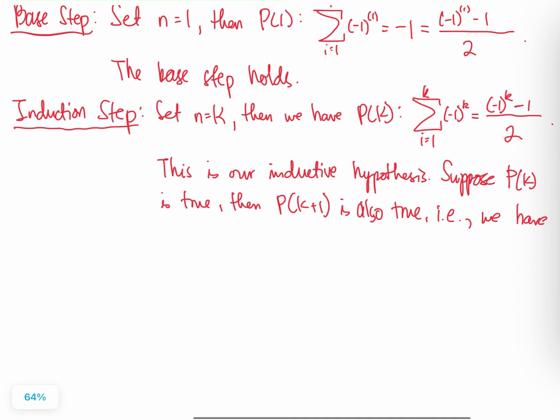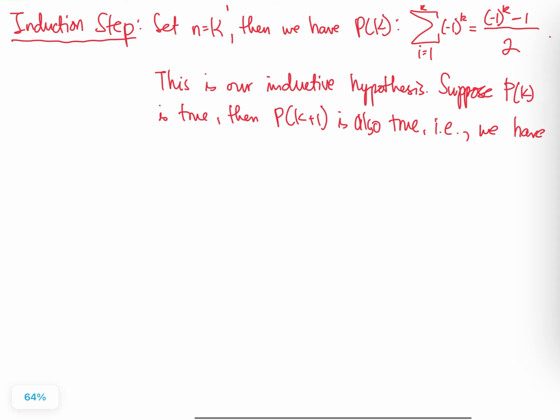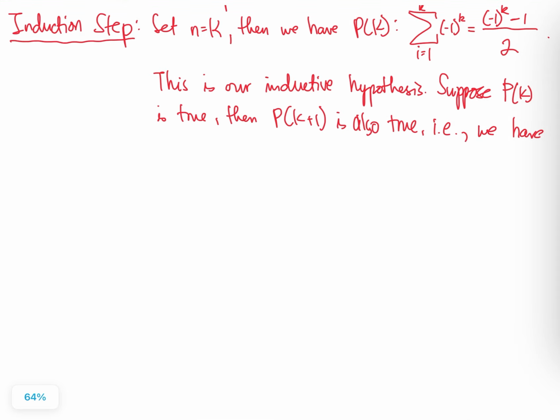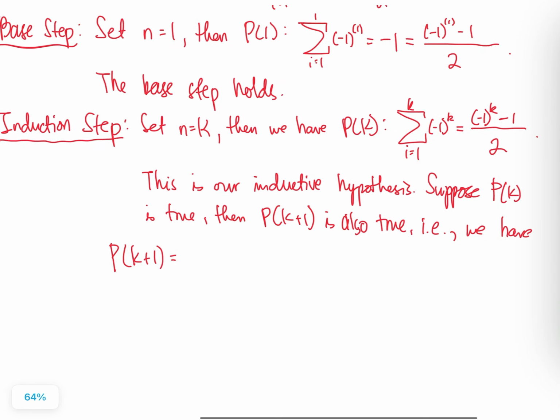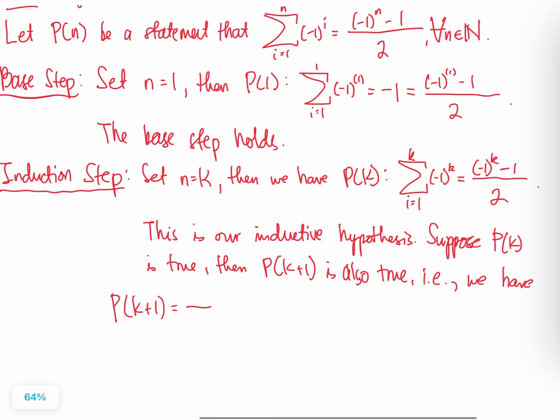Okay, so this is where the solving comes in. P of k plus 1 is said to be equal to, what's our original statement? We start with the left hand side, of course: the summation of -1 raised to i, running from 1 to k plus 1.